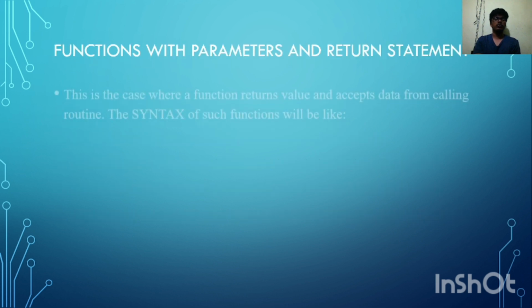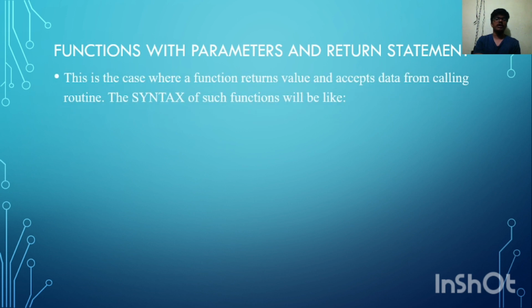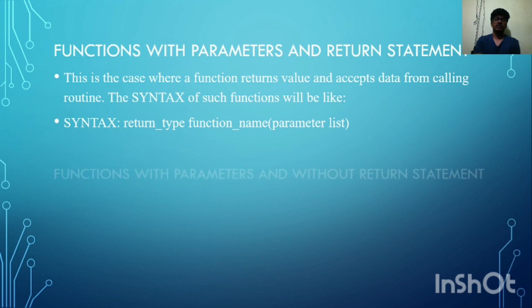First, let's go through functions with parameters and return statement. In this case, where a function returns values and accepts data from the calling routine, the syntax for such functions will be like return_type function_name(parameters list).